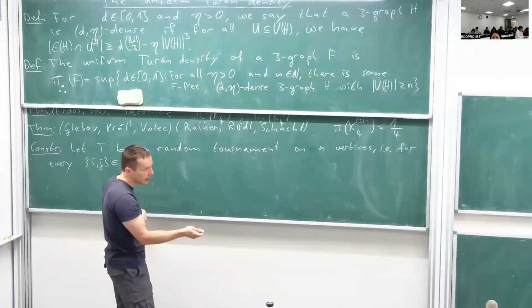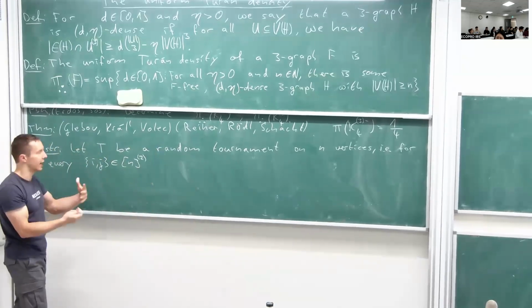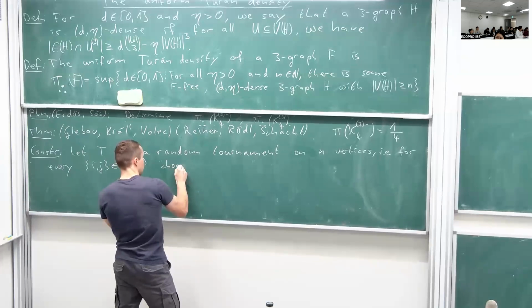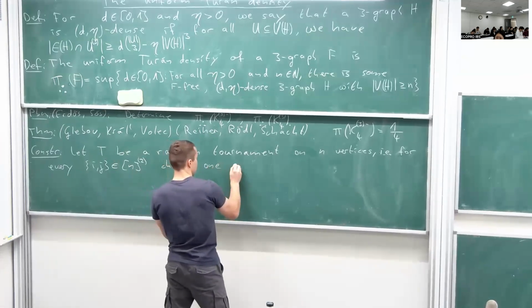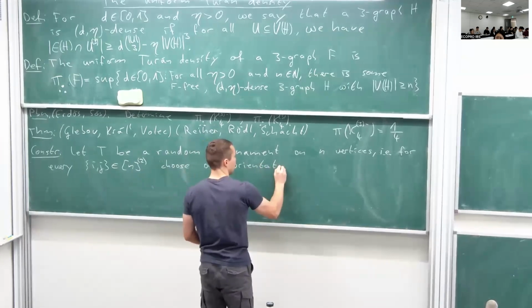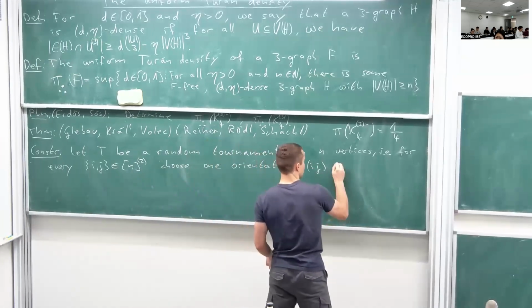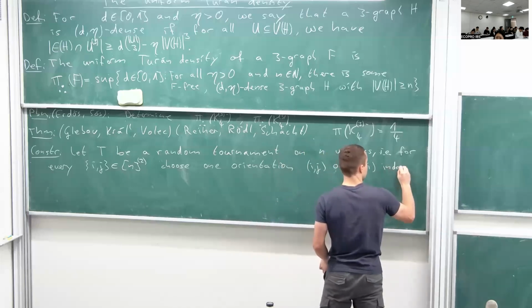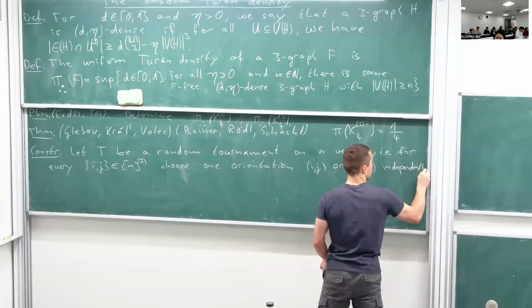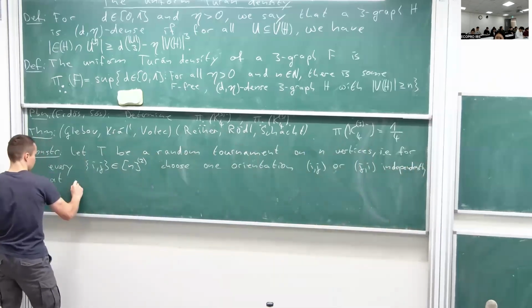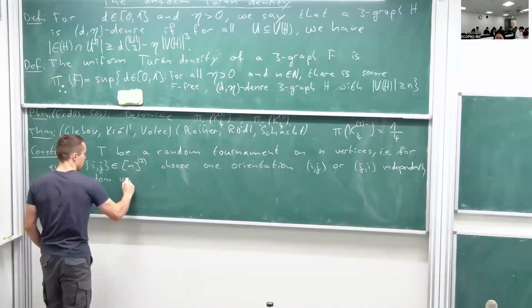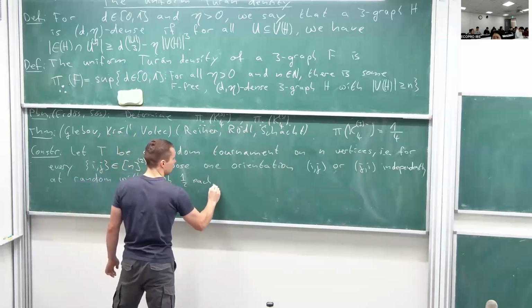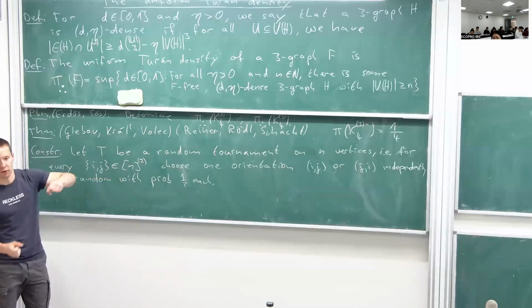And we do that independently for all the pairs, and with probability 1/2, we take either direction. Okay, so we just choose one orientation independently for different pairs.